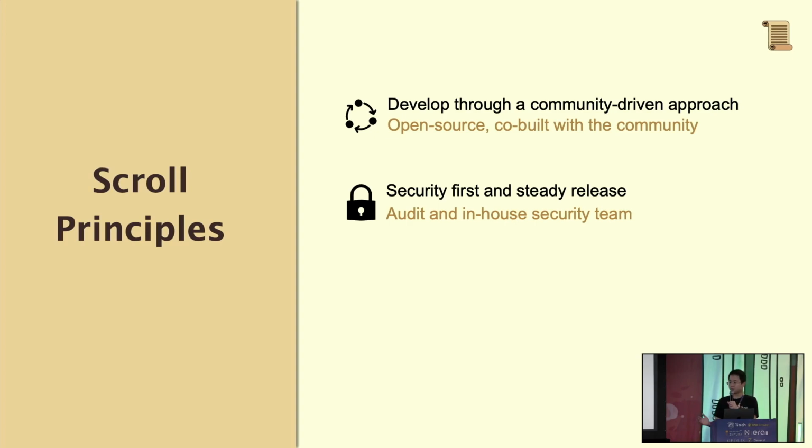To pay more attention to security in Scroll, we are paying a lot of attention to auditing. We have multiple auditors looking carefully and iteratively at our circuits, the bridge contract, and all the node implementations. Internally, we also built an in-house security team so that we can review our code internally.